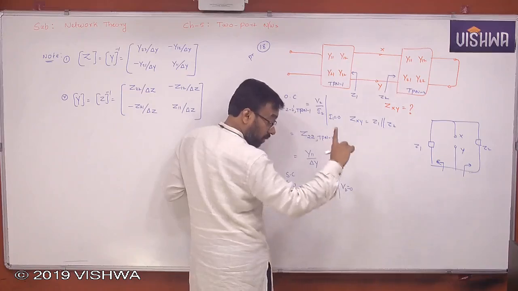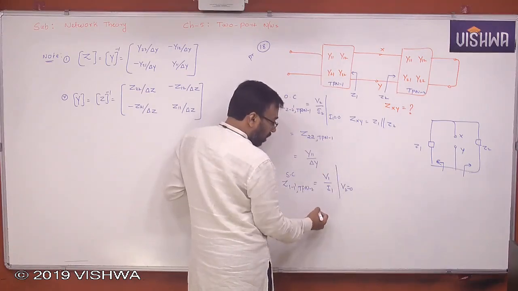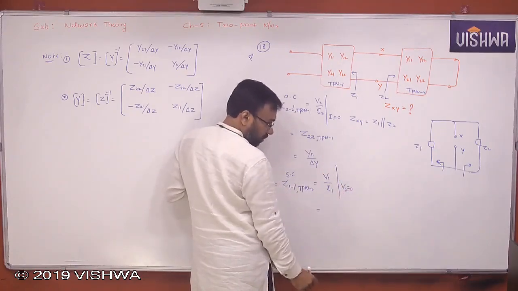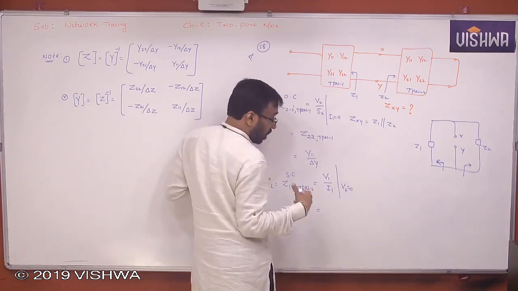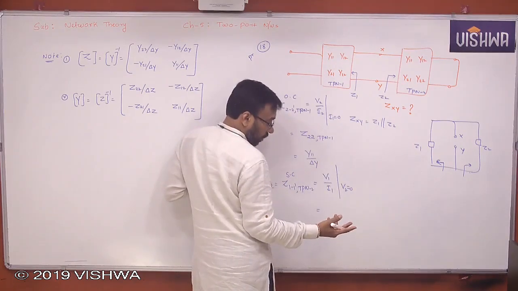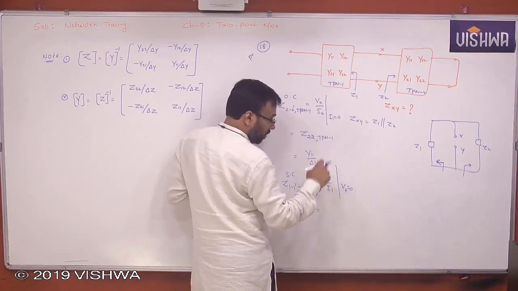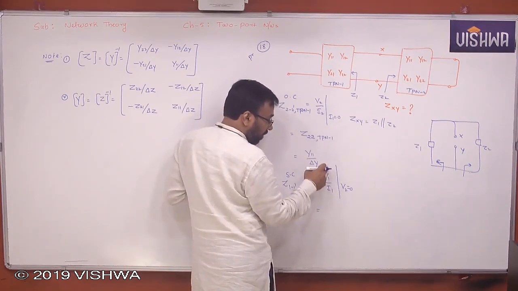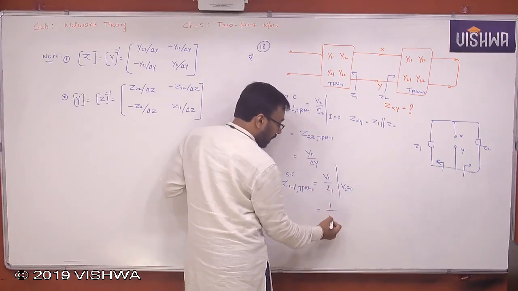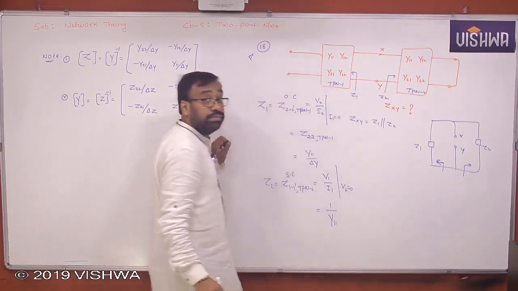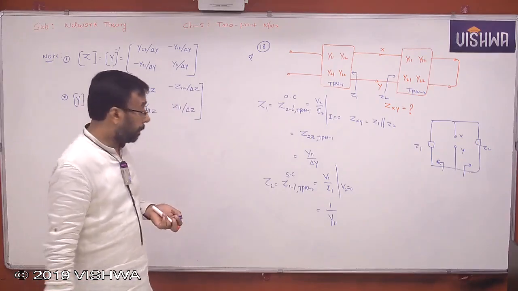Understand? Okay, when V2 is 0, I1 by V1 is defined as what? Y11. Under the short circuit condition, I1 by V1 is Y11. But here you have V1 by I1. Therefore, it is 1 by Y11. You understand, all of you, okay?